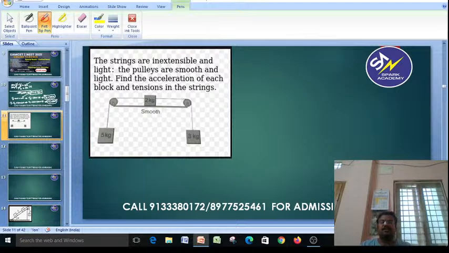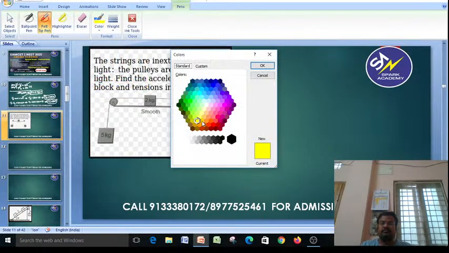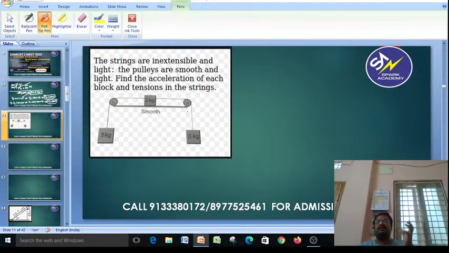Very good. In this problem also you have to try to solve by using the free body diagram. So don't get tense. Apply it calmly. You will definitely get a better idea how to solve the question. More chances are there to get questions like this, constraint equation based questions.